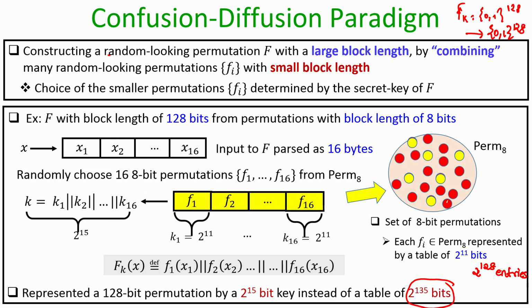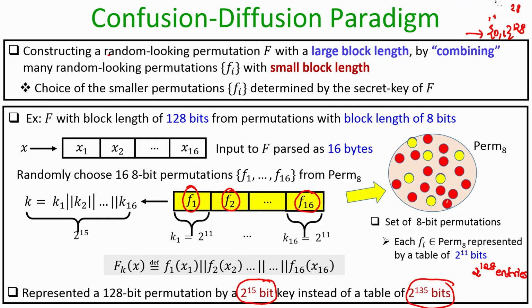So, the overall size of that table would have been 2 to the power 135 bits. But the way we have constructed the function F_k by combining 16 smaller permutations, I just need to store a key of size 2 to the power 15 bits. It is enough if I just store the value of k, namely the description of the 16 smaller permutations which I have chosen, and that suffices for evaluating the value of big F on any input x. So, that is the advantage of constructing the keyed function or keyed permutation F_k by this confusion-diffusion paradigm.